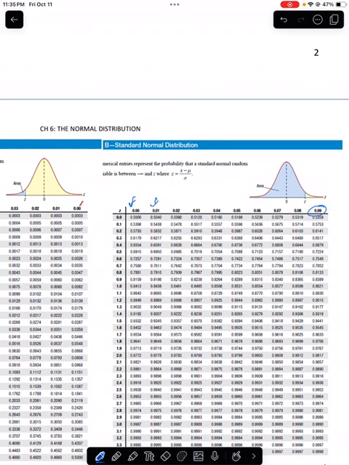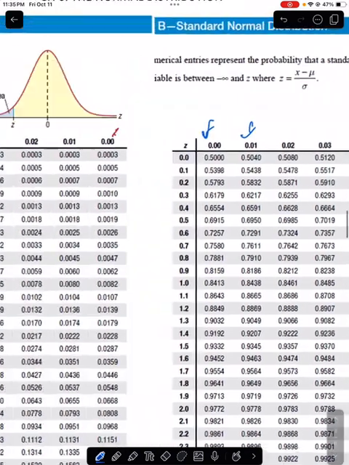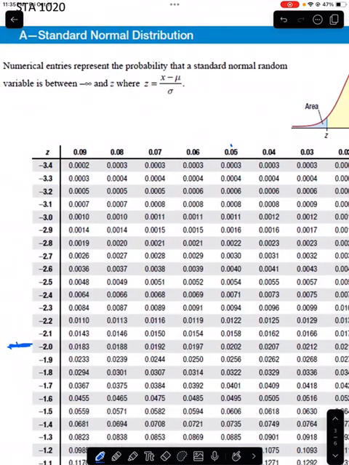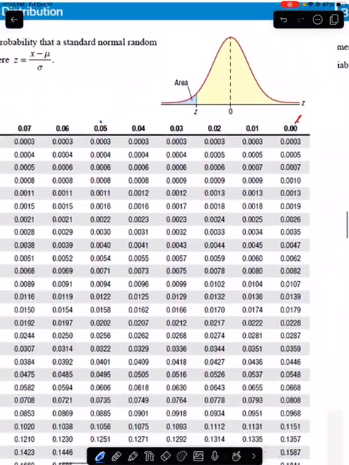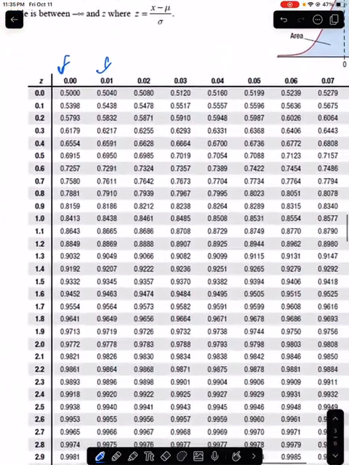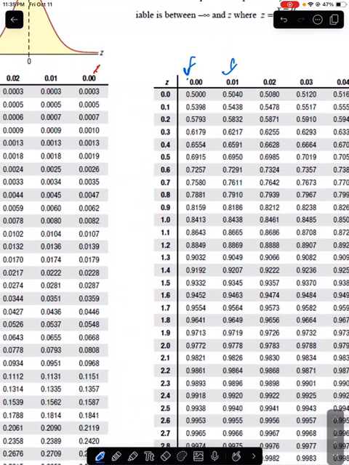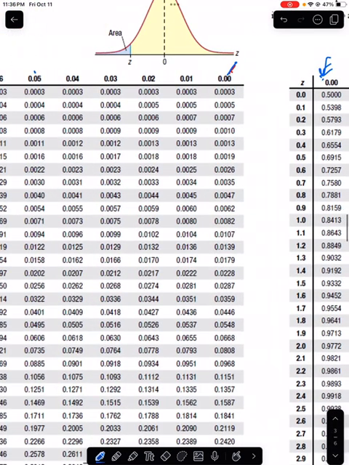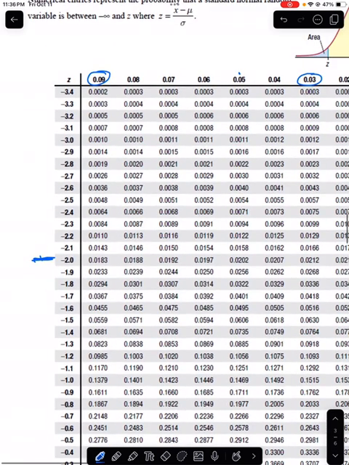So it starts with 0.09 and goes down to 0.00. So 0.03 is this column. We go down this column, coming from the left. A ruler will help, of course. So we see that the value is 0.0212. Does that make sense?